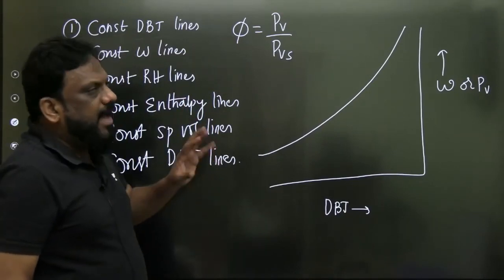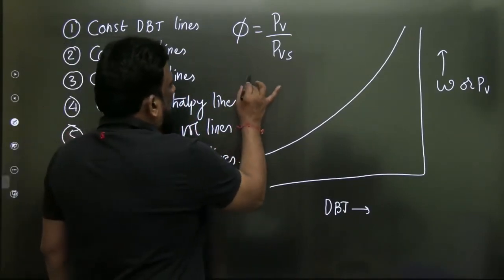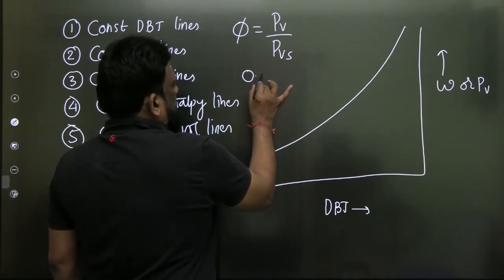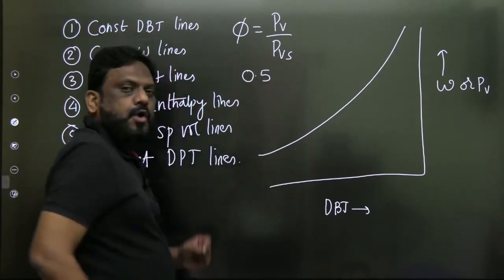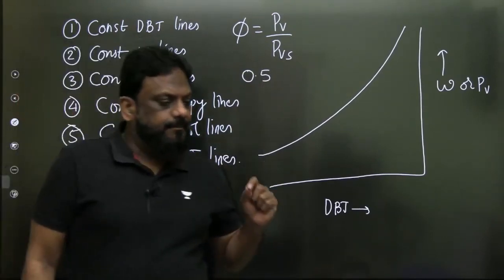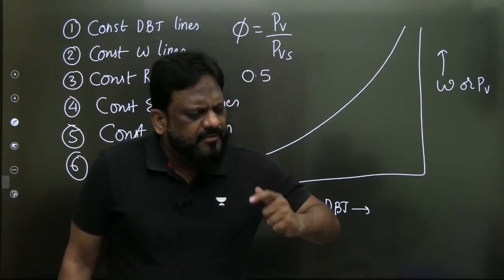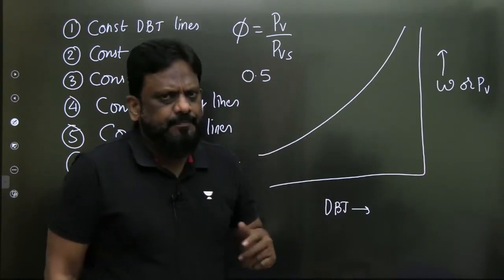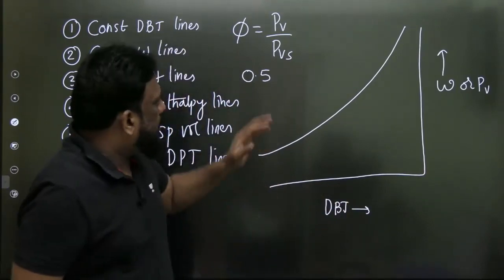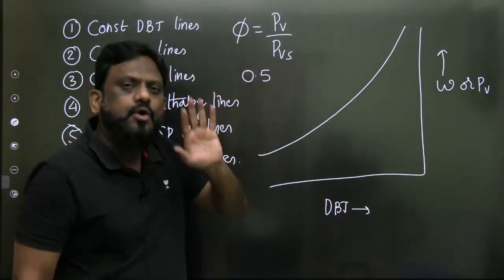एक काम करो. I want to draw, let us say, a relative humidity of 50%. Say, for example, a constant relative humidity line. Listen carefully. So which parameter is to be kept constant? This phi is to be kept constant.